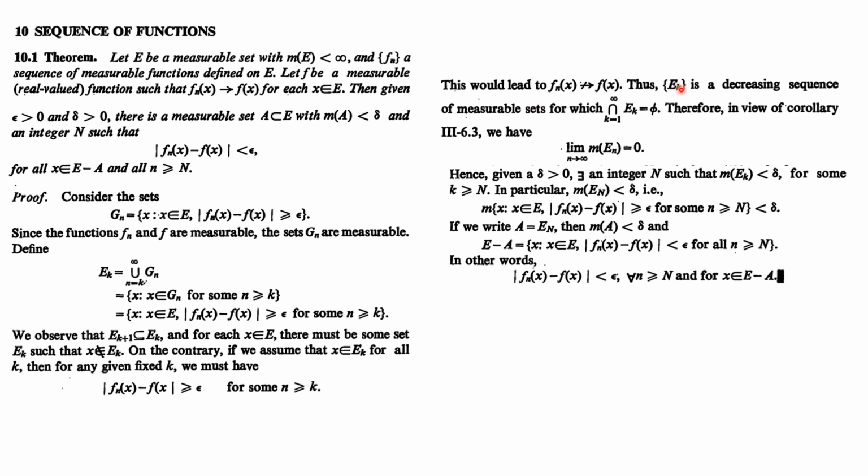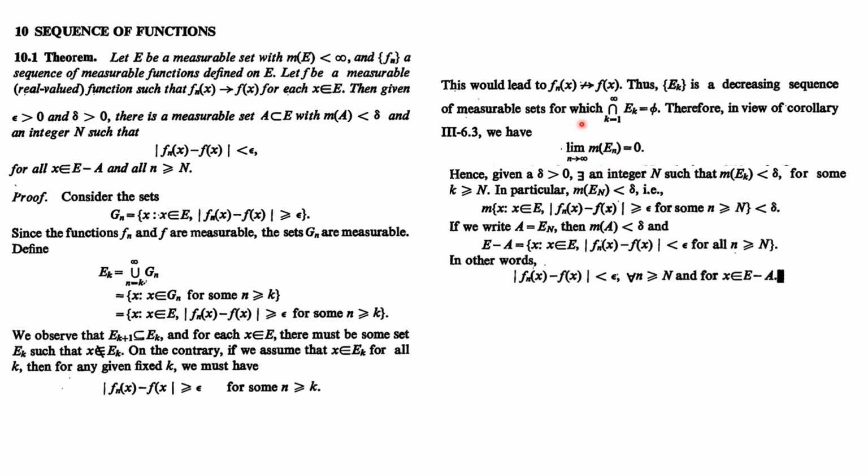So what we have, Ek, is a decreasing sequence of measurable sets for which this intersection is phi. If this intersection is phi, it means the measure is 0. So that means the measure of En will be 0 for n going to infinity.